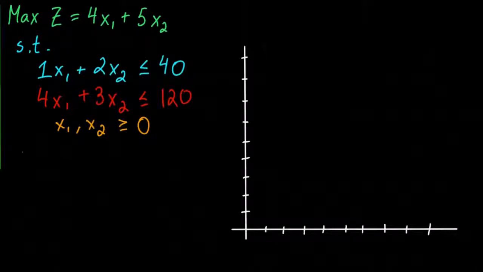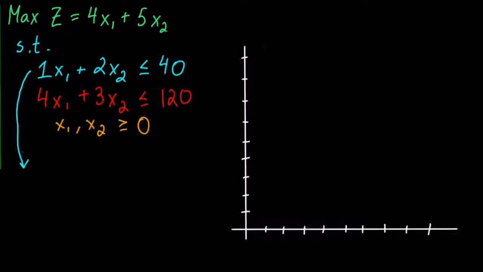Now that we have our model and constraints set up, we can start plotting these constraints, and we'll get a feasible region, and using that we can find the optimal solution to this problem. So let's take the first constraint here. We can plot it just like we would any regular line. So we'll take 2 points on this line.